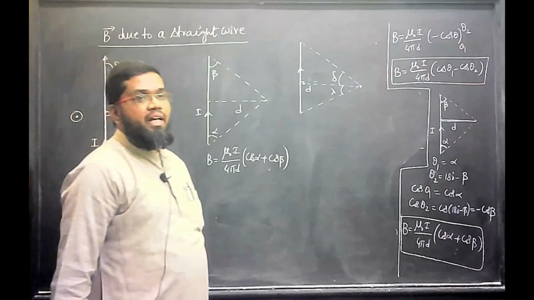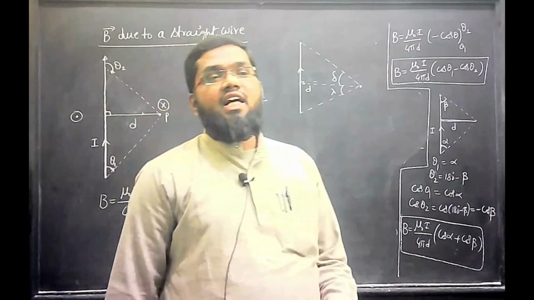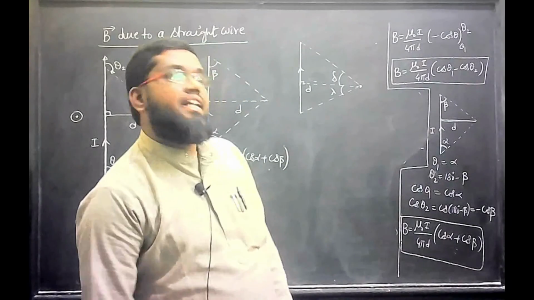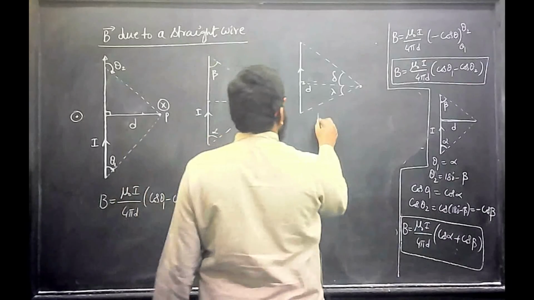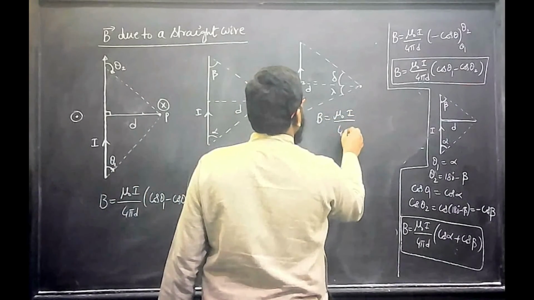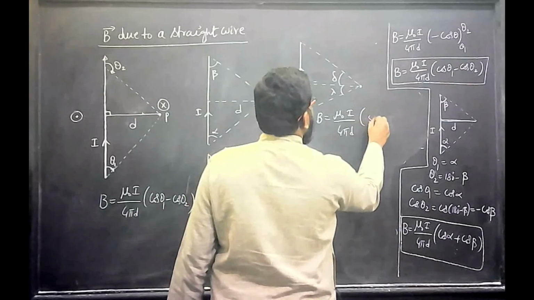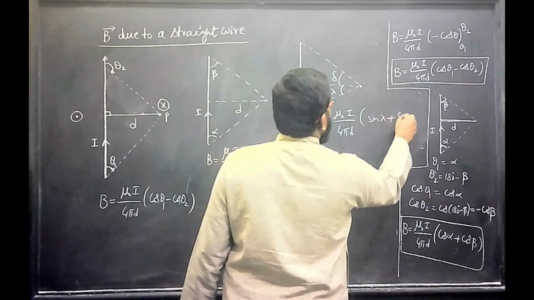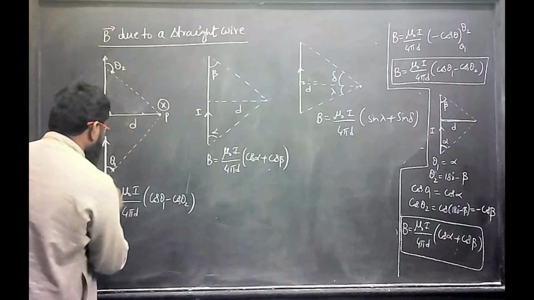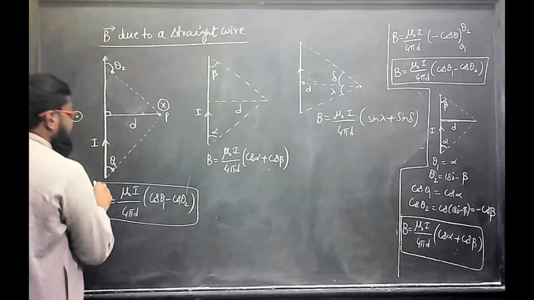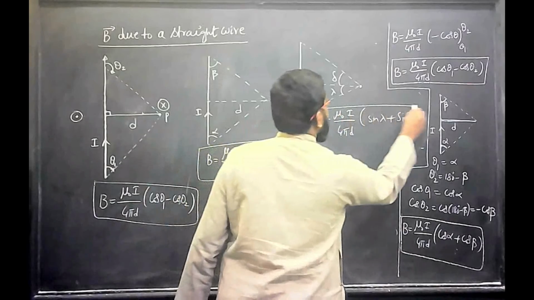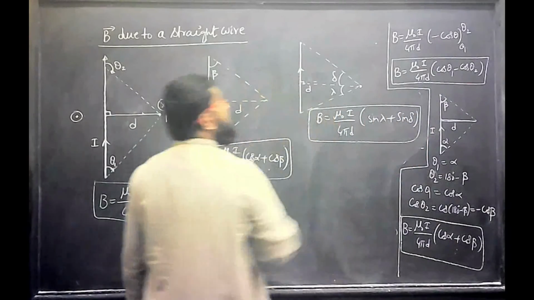Using cos A cos B plus sin A sin B, it will come as sin. So the answer will be B equal to mu naught I by 4 pi d into sin lambda plus sin delta. So depending on the situation given to you, you can use either this expression, this expression, or this expression, depending upon the given configuration.